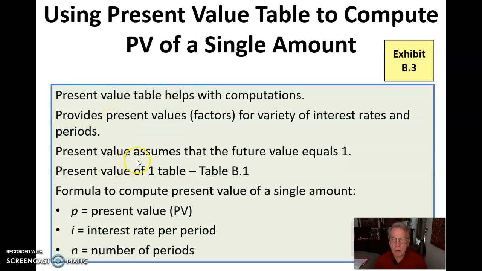The present value assumes that the future value equals 1. And we'll take a look at table B.1, and the future value of that is shown here with this more complicated formula you see here, if you can see it behind my picture there.